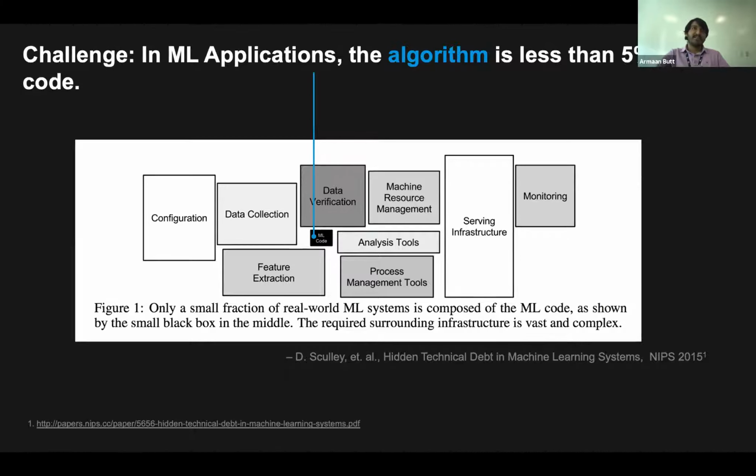To start off, I always love to show this slide, and it's really the challenge in building ML applications and actually doing ML development. It's that the algorithm or the machine learning model is less than 5% of the code. What you find is that in order to do your machine learning development and analysis, training your models, there's actually a lot of other code that even researchers need to be involved with writing.